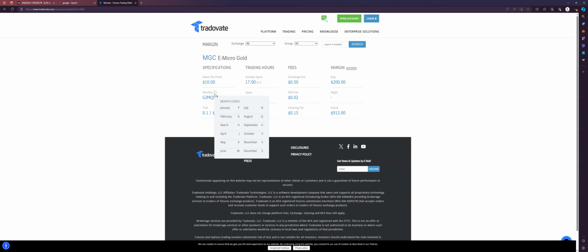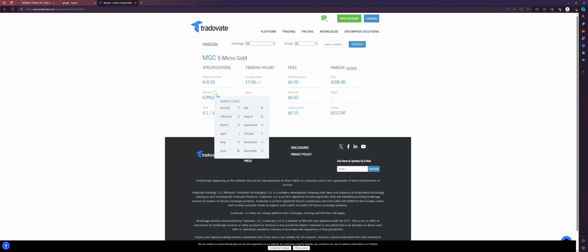So right now it's the month of February, you'd want to be on the March or April contracts, because the further out the contract is, to an extent, the better volume it has and the more profitable it is for you to trade. You never really want to be trading, for instance, the March contract in the month of March, because those contracts are getting ready to expire. So you always want to be ahead or just slightly ahead.